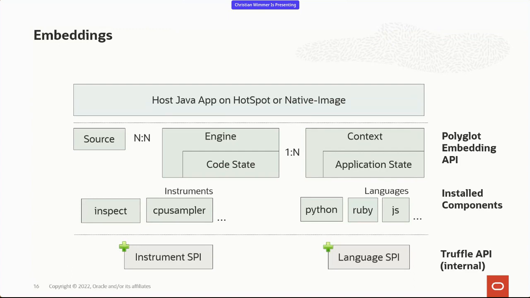One thing that's also important for the ecosystem, especially when thinking about production use cases, is that you need to embed all of your languages into as many different applications and use cases as possible. And for that, we have a pretty flexible interface where you can embed the Truffle languages either in Java code, or you can compile it down to native code in a shared library and load it from existing larger C applications.